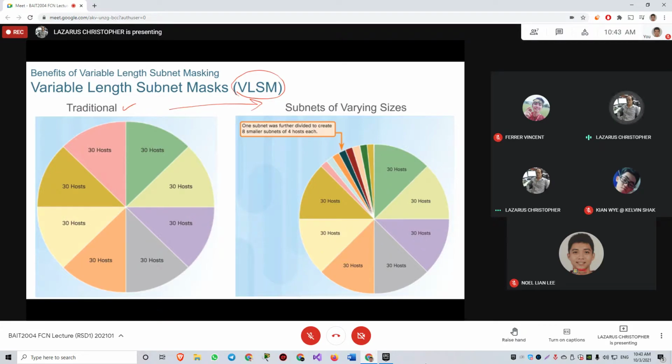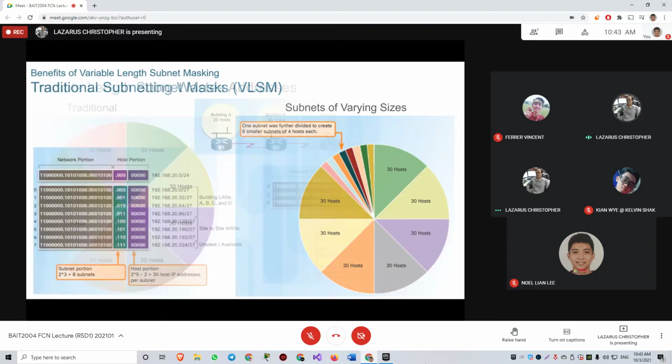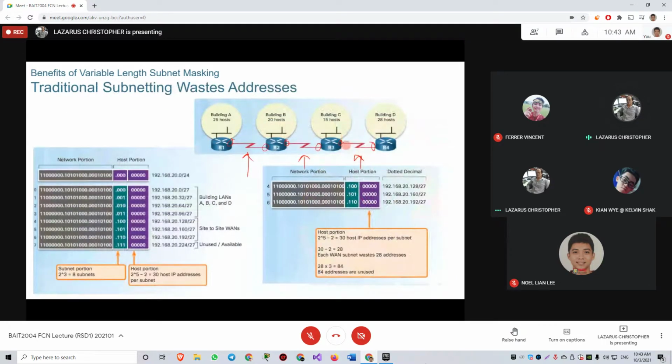But what about this? How do you make this smaller? That means you borrow more bits, until, if you remember, there's a perfect prefix that matches only 2 hosts, which is /30. /30 means you have only two bits left in the host part. 2 times 2, 4 minus 2 equals 2.